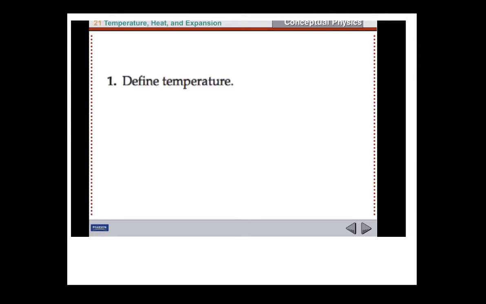Define temperature: the degree of hotness or coldness of a body, but it's not just that one. Remember, we have another definition that is the correct one, and that is the average kinetic energy of the molecules.